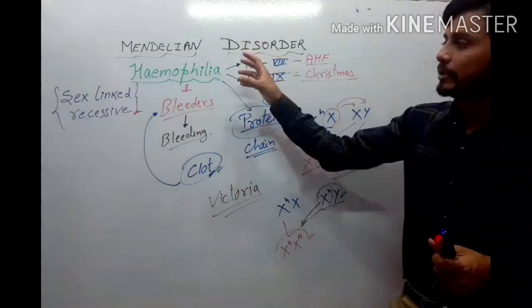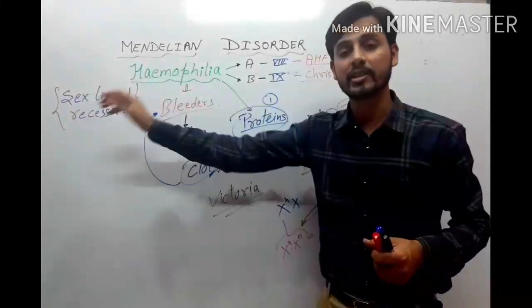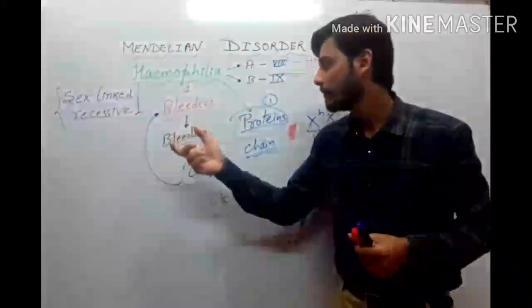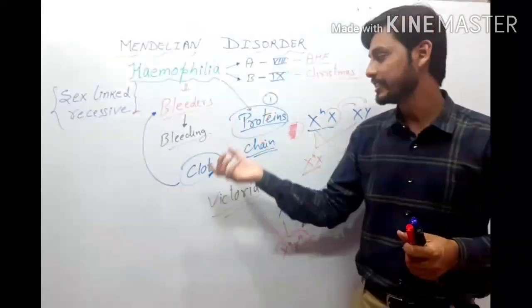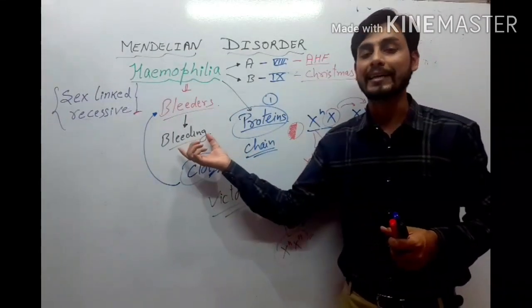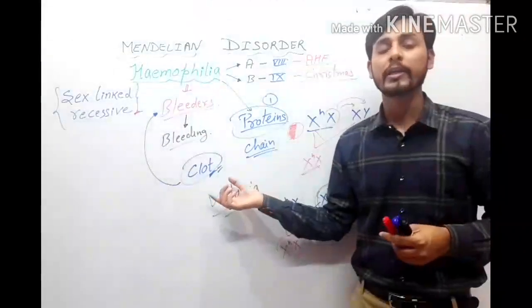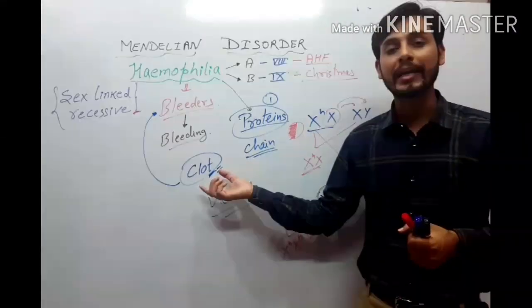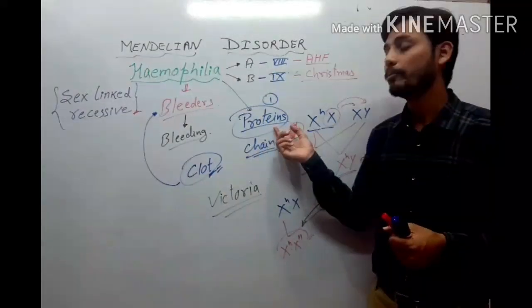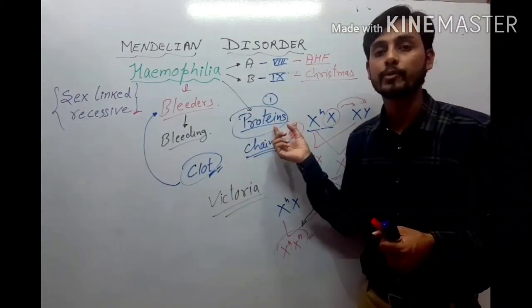We have studied that hemophilia is a sex-linked recessive disorder, the most important words, and it is also called a bleeder's disease. Why? Because it causes excessive bleeding, because clotting does not take place. And why does clotting not take place? Because of the disorder of some proteins.